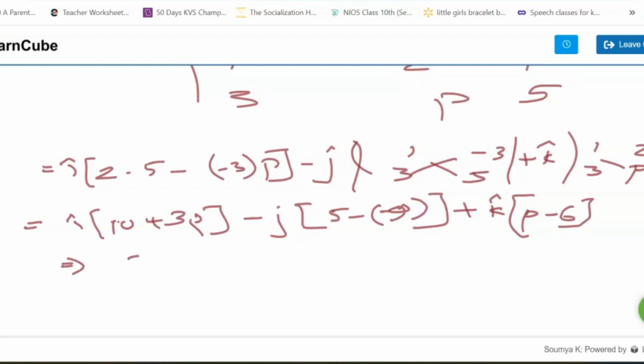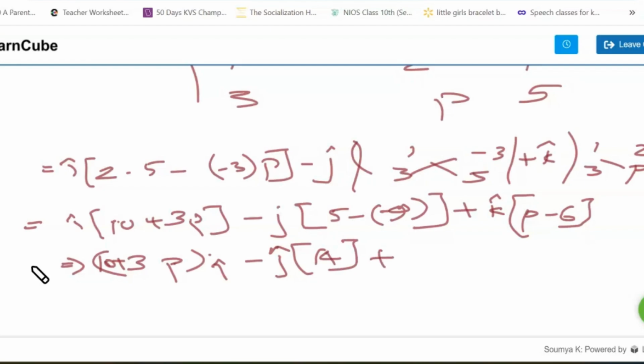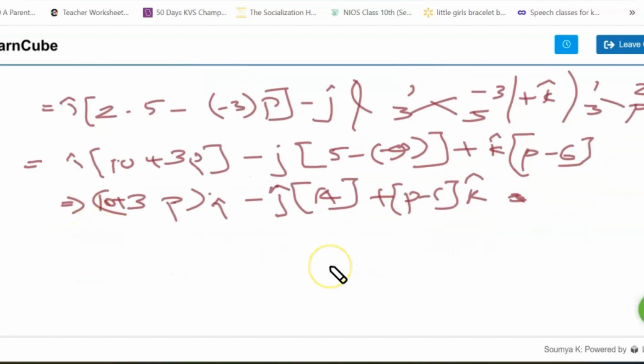Okay, so you will get 10 plus 3p i cap minus j cap 5 plus 9, that means 14, plus p minus 6 of k cap. This is the result that you are going to get.